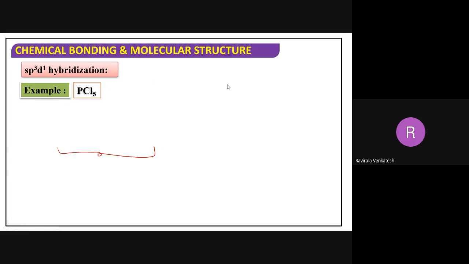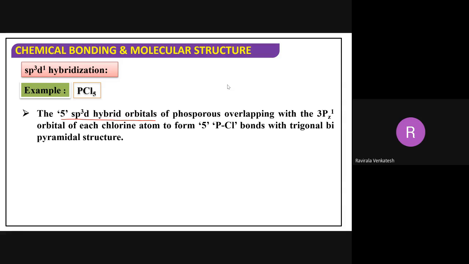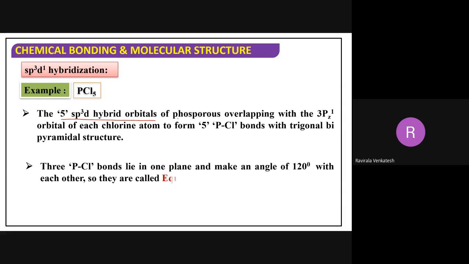So we'll move toward the last structure like this. Here, 5 sp3d hybrid orbitals of phosphorus overlap with the pz orbitals of chlorine, 5 of them. 5 phosphorus-chlorine bonds with trigonal bipyramidal structure.